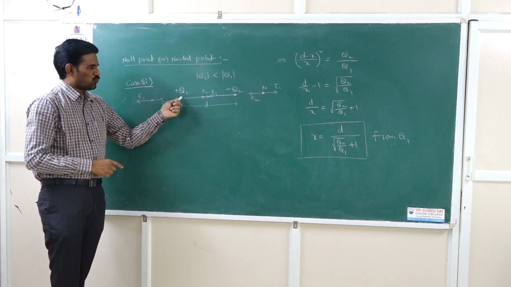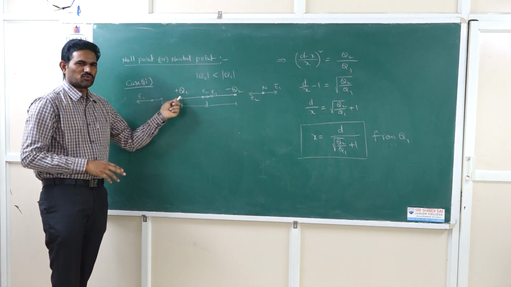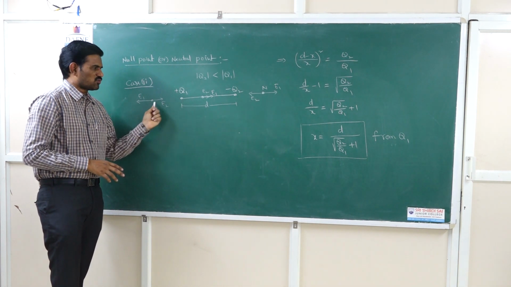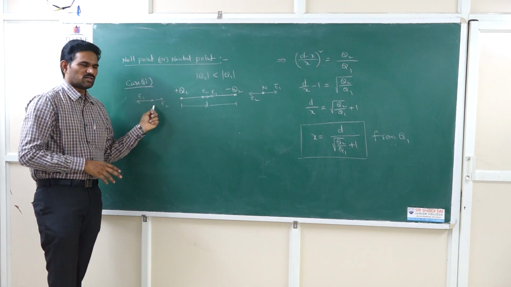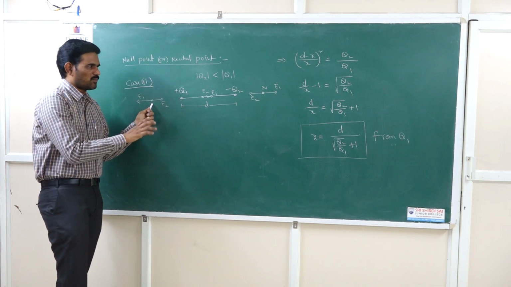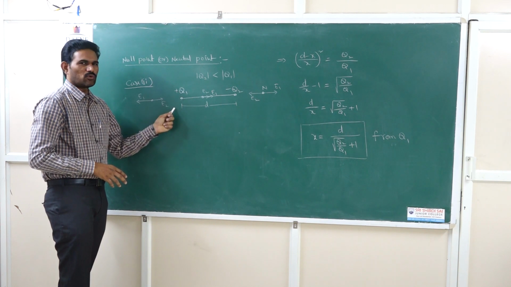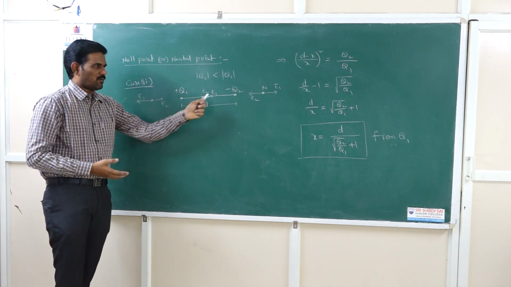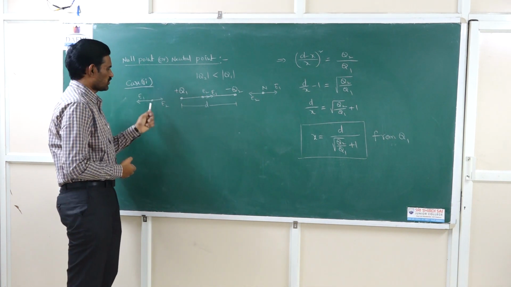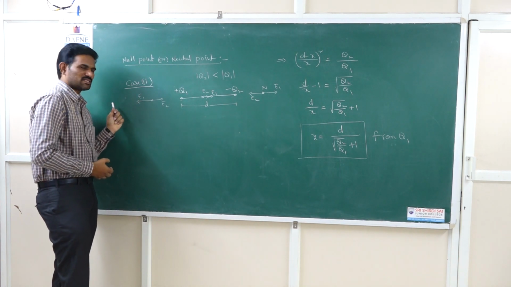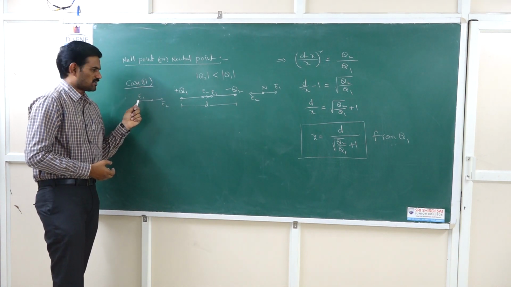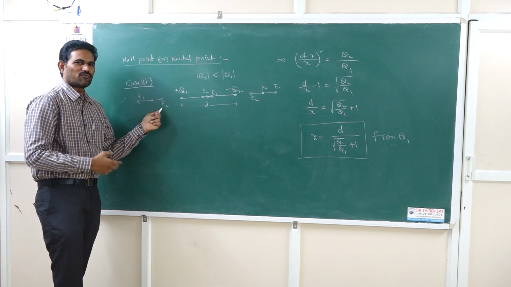So here Q1 is large when compared to Q2, and this point is closer to Q1 when compared to Q2, and so automatically Q1 will produce the stronger field, so for any point on this side you will always get E1 greater than E2.